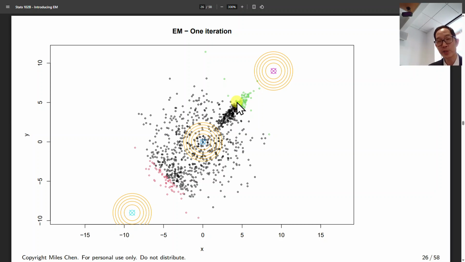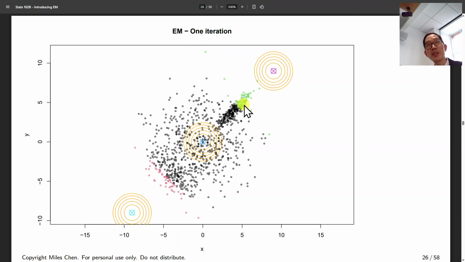And then the points that are green over here are like 51% cluster 3 in green and 49% cluster 1 in black. It's just that when you color a point, you have to pick a color, and you can only represent it either with black or green here.